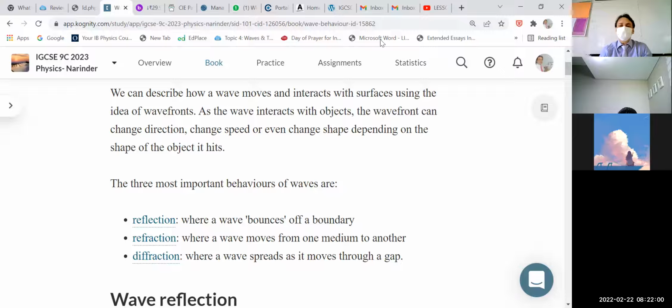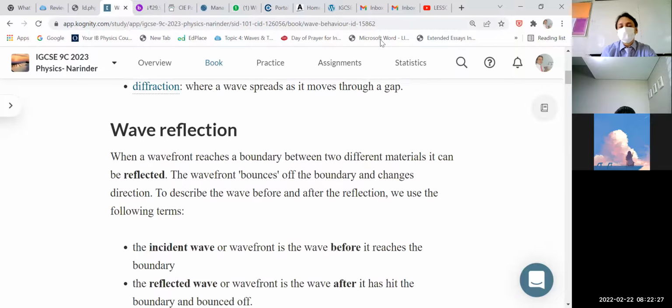And there is a new topic for all of you, grade 9 and 10 students: diffraction. Diffraction may be a new topic that you haven't studied in your lower classes. Diffraction means the spreading of a wave, whether it is a light wave or a sound wave. So we are going to discuss one by one the reflection, refraction, and the third is the diffraction phenomenon.